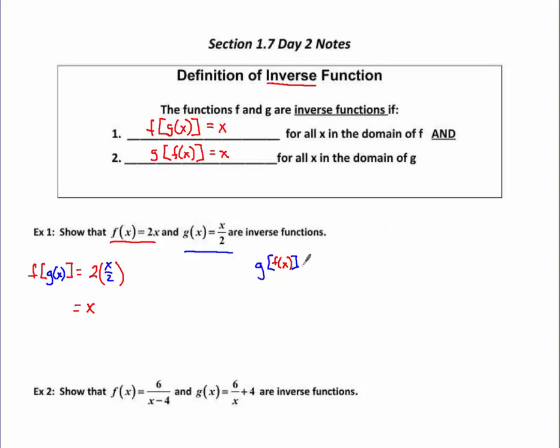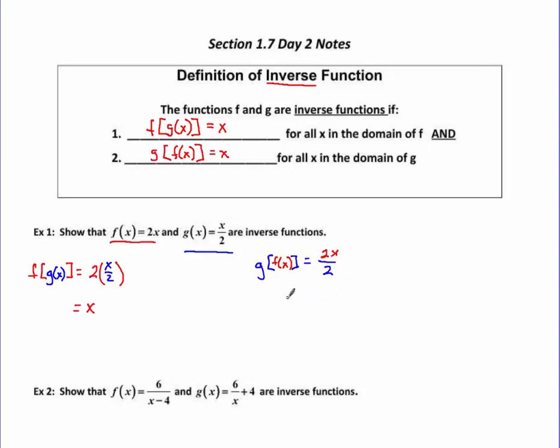So then we're going to do g of f of x. Well, that is g, which is x over 2, of f of x, which is 2x. So it's 2x over 2.